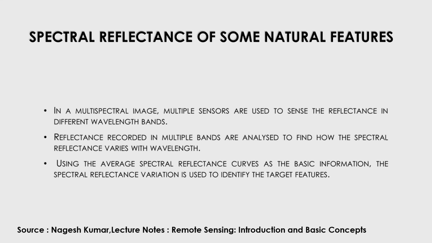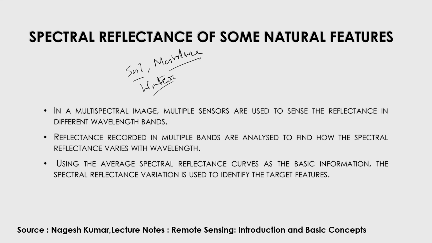Spectral reflectance of some natural features I have already discussed. I have discussed soil, moisture, and water, and the different ways the incident ray behaves after falling on soil, moisture, or water.